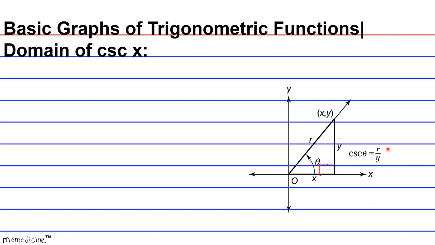And since this is a fraction, you have to be careful when y is equivalent to 0, because that means the fraction is going to be undefined. And because this is an acute angle with the vertex at the origin, the initial side on the positive x-axis and the terminal side within quadrant 1, it's also a reference angle, which means that if we were to do, let's say, a vertical flip into quadrant 2, you would have something that looks like this.